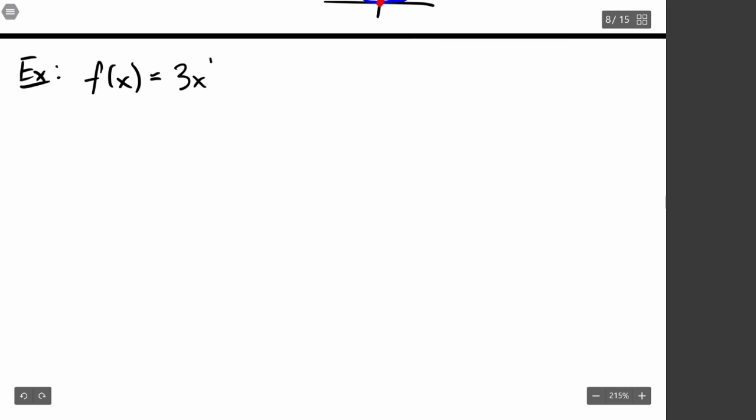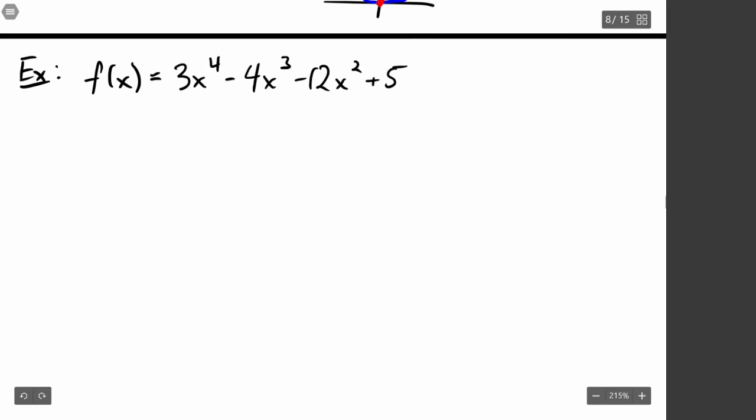So, let's look at the example we did for the first derivative test, just to see how much easier the second derivative test can be. All right? So again, let's look at this function f of x equals 3x to the 4th minus 4x cubed minus 12x squared plus 5.